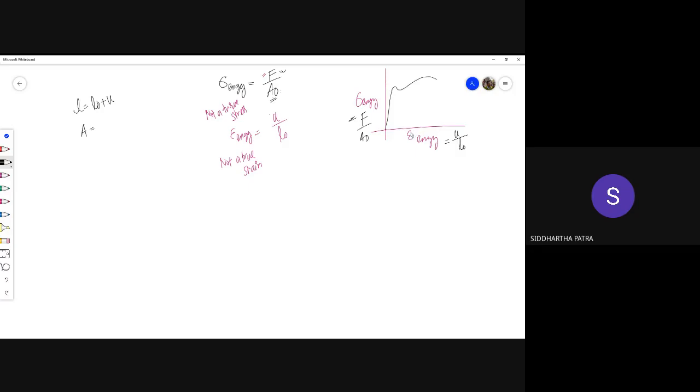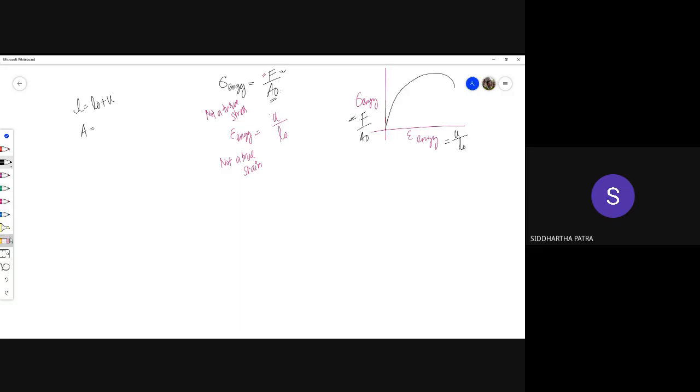Now if we make the correction, I'll draw a simpler stress strain diagram. The earlier stress strain diagram that we drew was in relation to mild steel. That is very typical of mild steel. But if I am talking about most ductile materials, let's say aluminum, copper, etc., the stress strain diagram would look something like this.